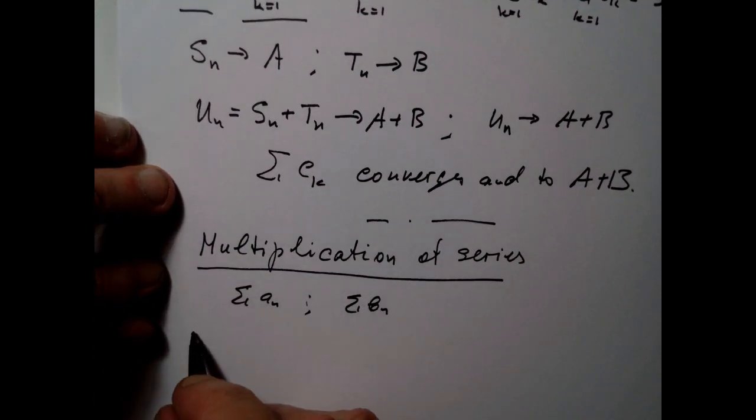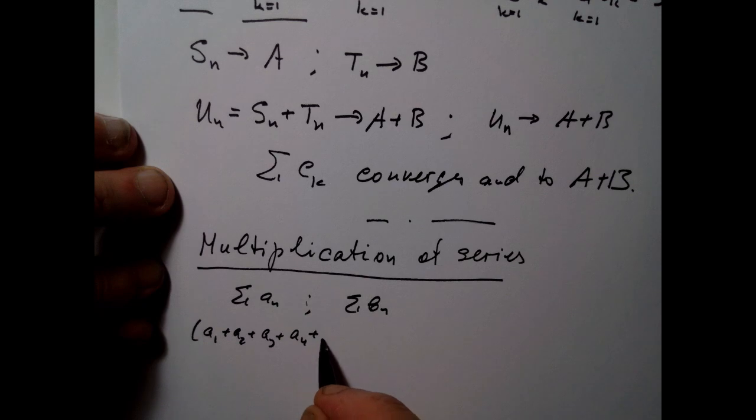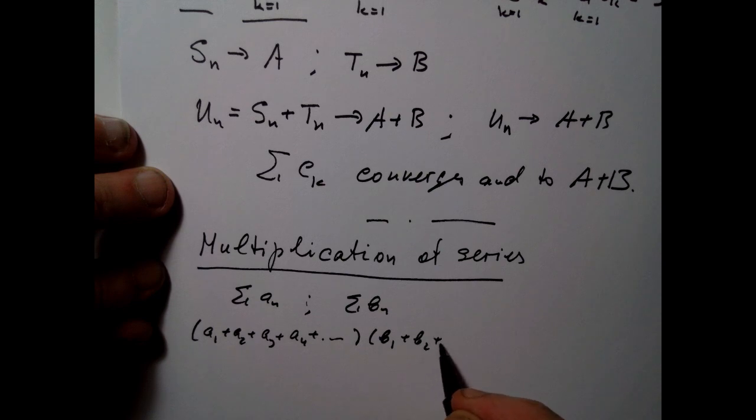In other words, I have things like this: a1 plus a2 plus a3 plus a4 plus etc., and there are infinitely many of those terms, and then I multiply it by b1 plus b2 plus b3 plus etc.